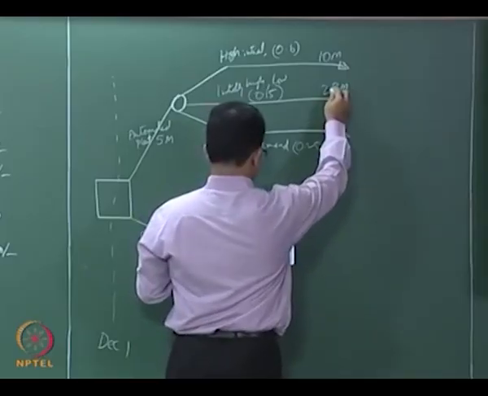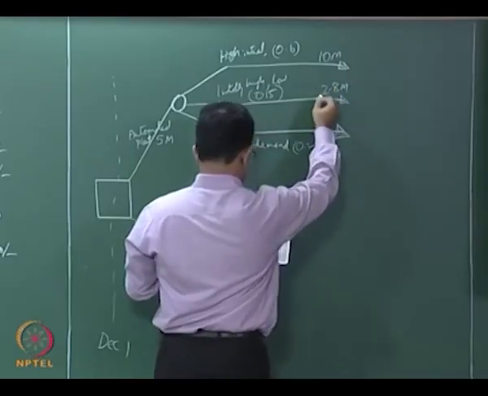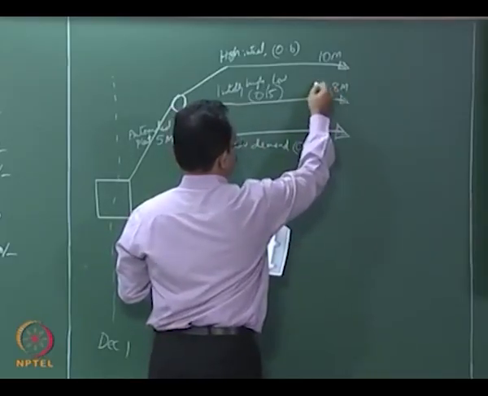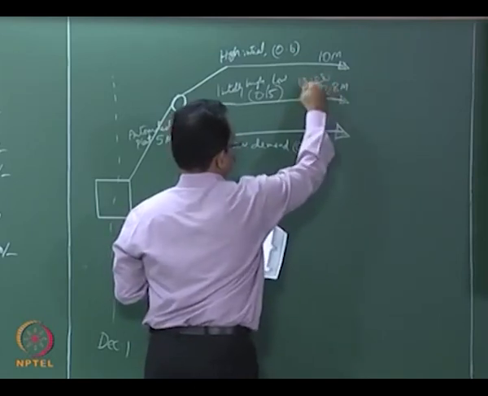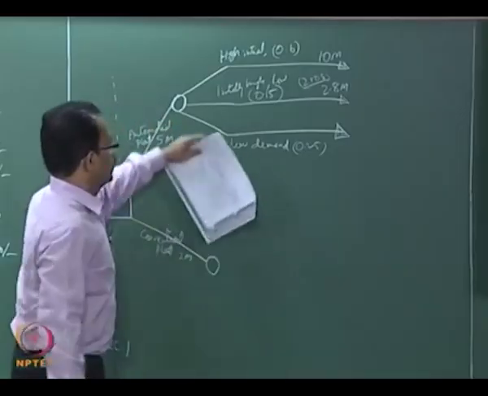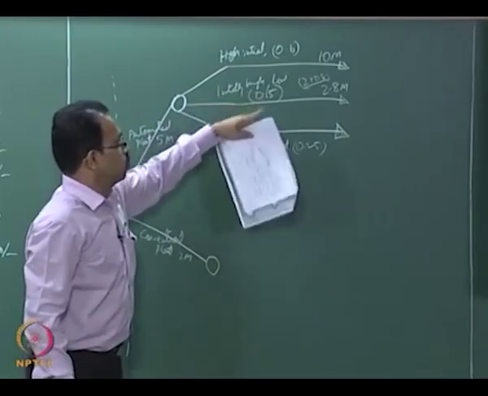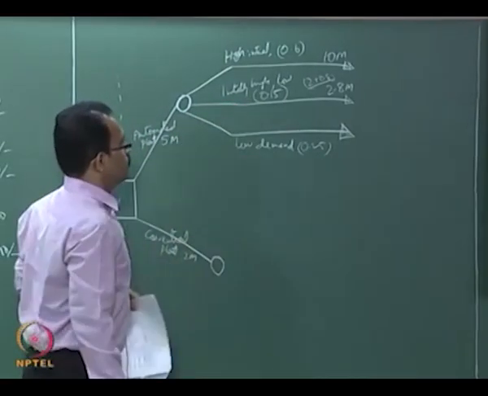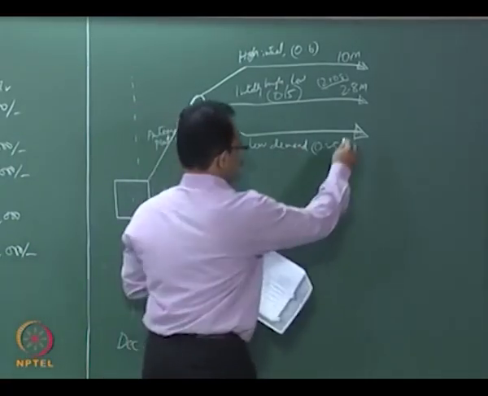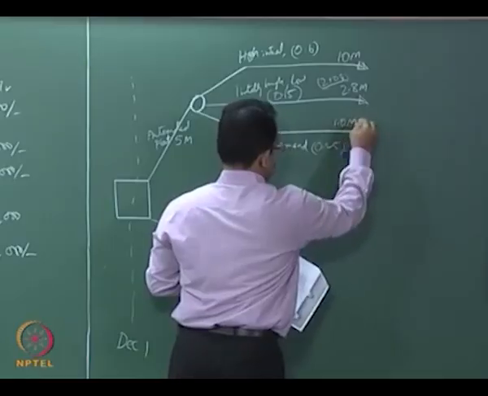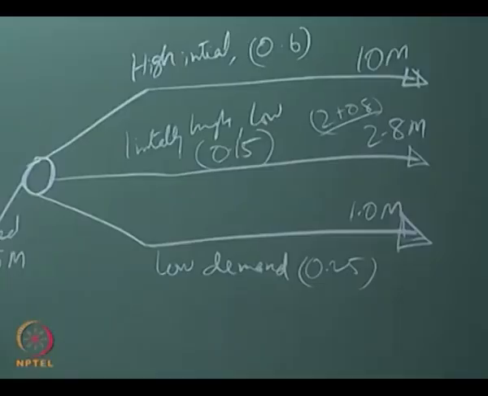So this is 2.8, initially 1 million per year for 2 years, and so it is 2 plus 0.8, so 2.8 million. For the first 2 years, initially very high, so 2 million, and then it is very low, it will be 0.8 million. So 2.8 million is the revenue, and this is only 1 million is the revenue. So that is the output here.